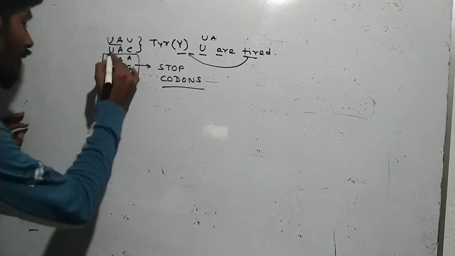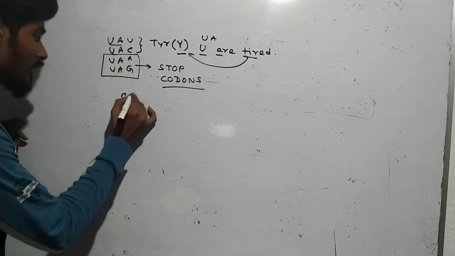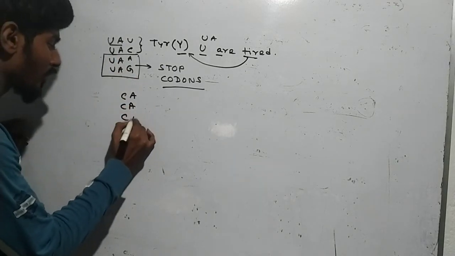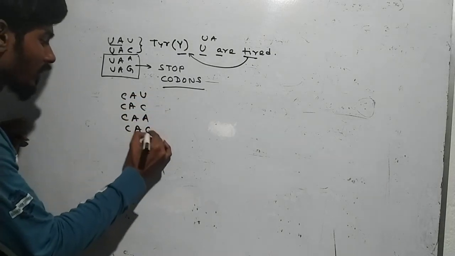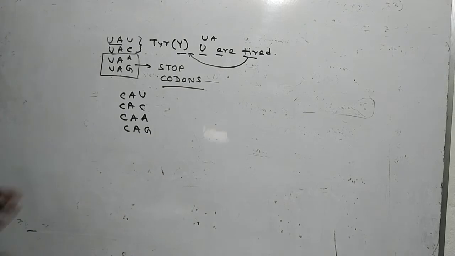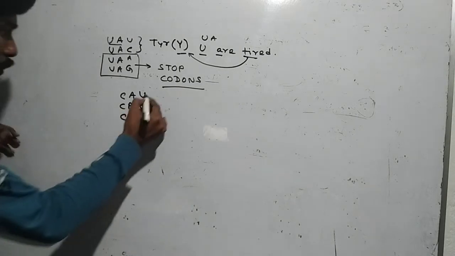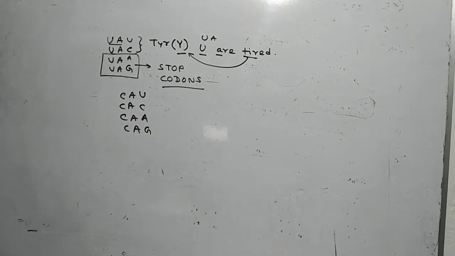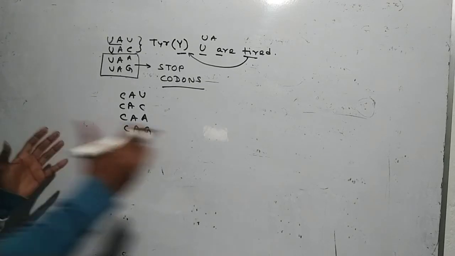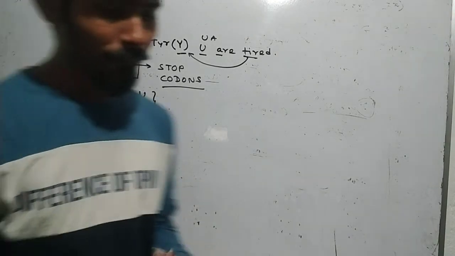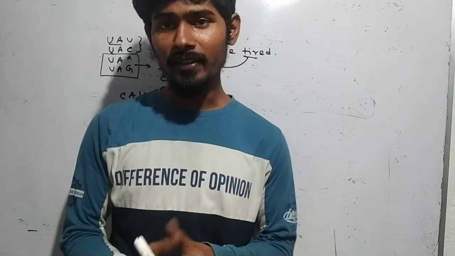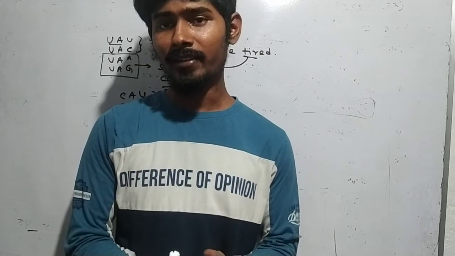After that we will have the C. So CA, and we have CA. Again we have CA and UCAG. Now here you can see that you probably remember the sentence that I had written, that high quality neckties are designed in this factory.